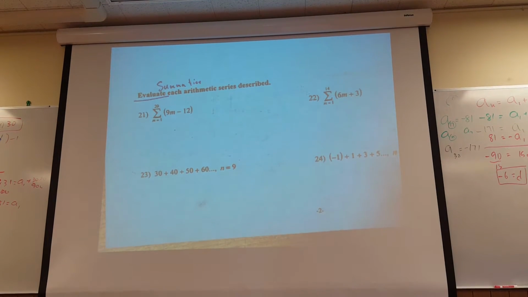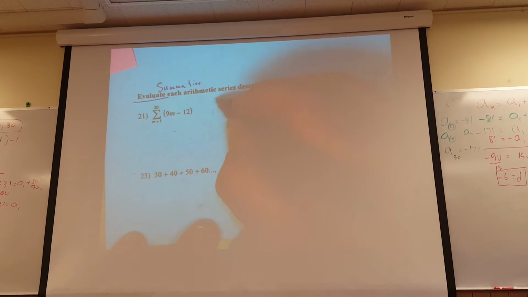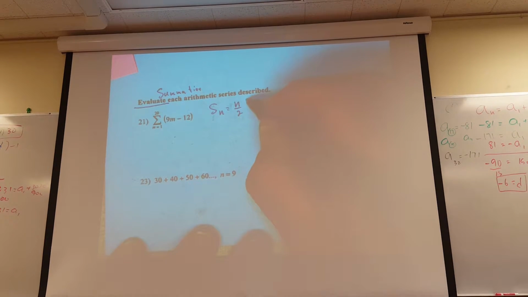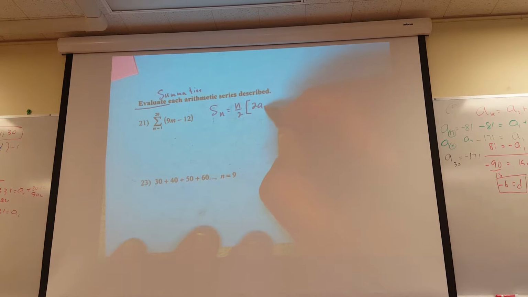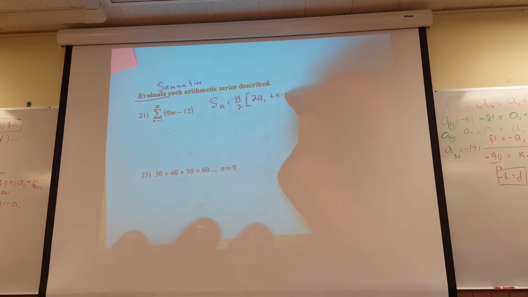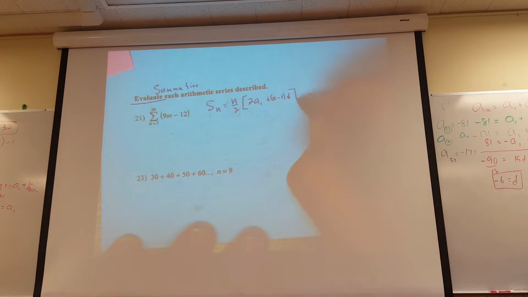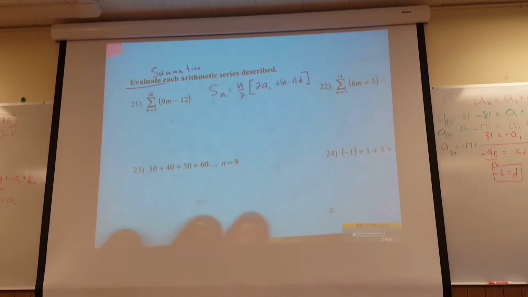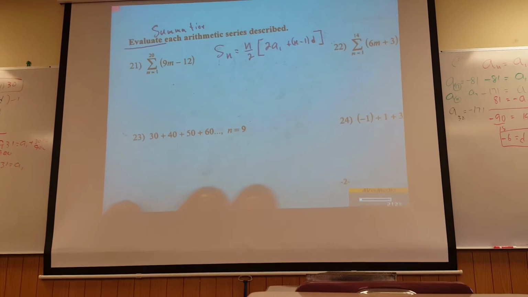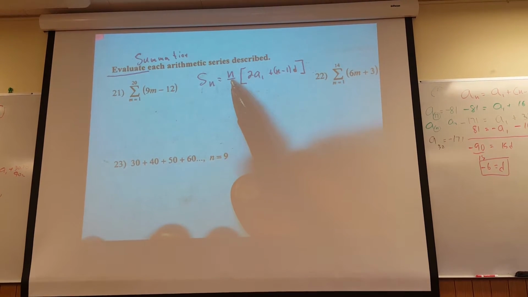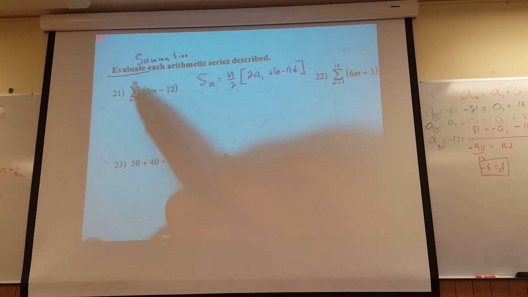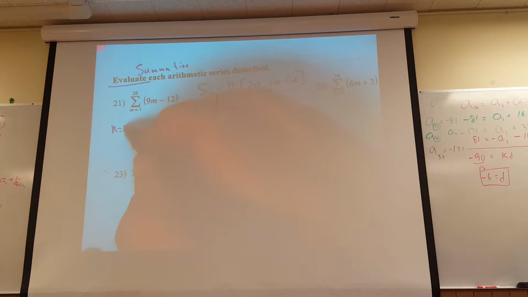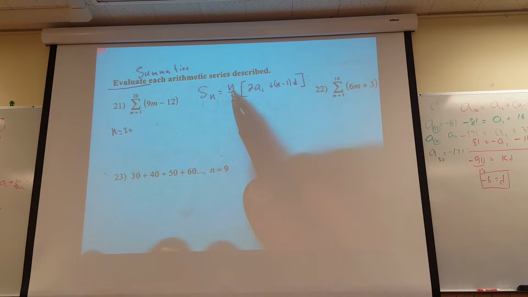And there's the formula then, I think, that would be n over 2, and then I have 2 times a1 plus n minus 1 times d, like that. Now do I know what n's going to equal here? How many are we adding up? 20, so n is going to be 20, and that's going to go right there.